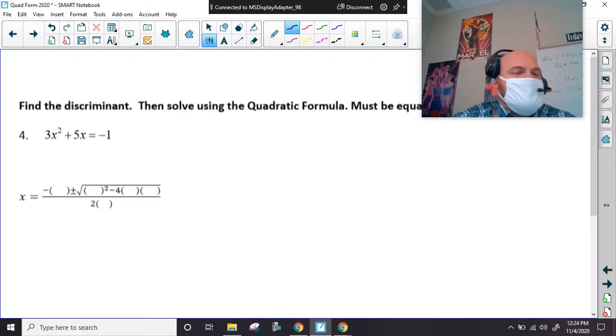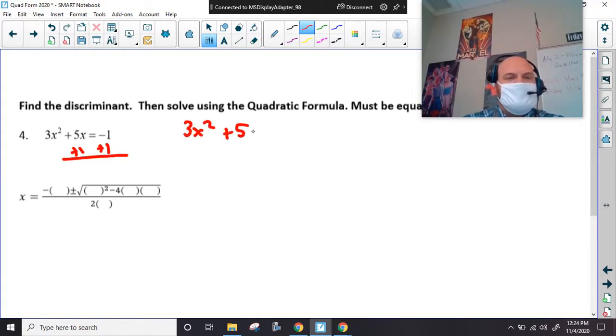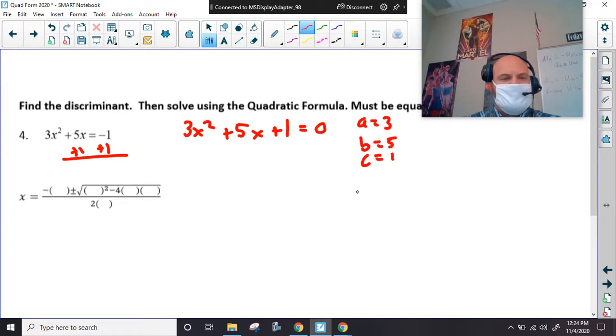First thing, look at our equation. We cannot find our A, B, and C right now because 0 is not on one side. So if we add 1 to both sides, we end up with 3x squared plus 5x plus 1 equals 7. So we have A is 3, B is 5, C is 1.